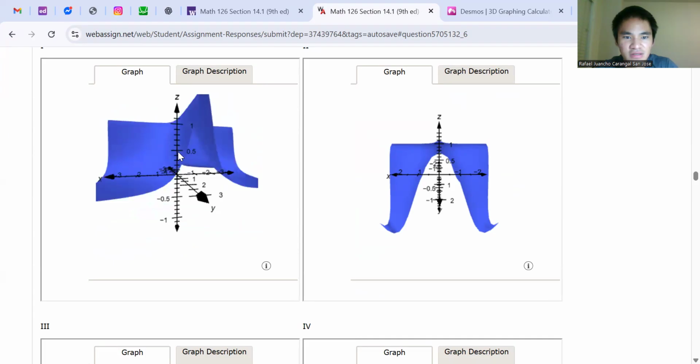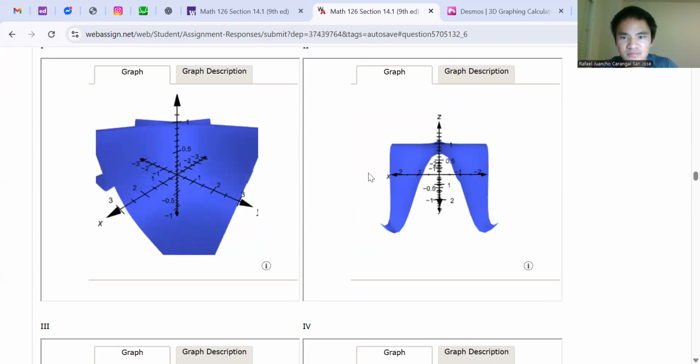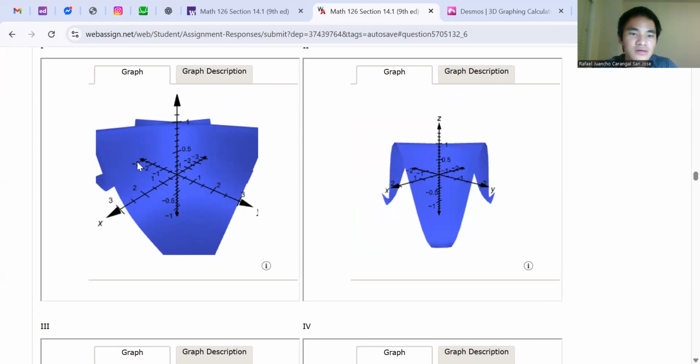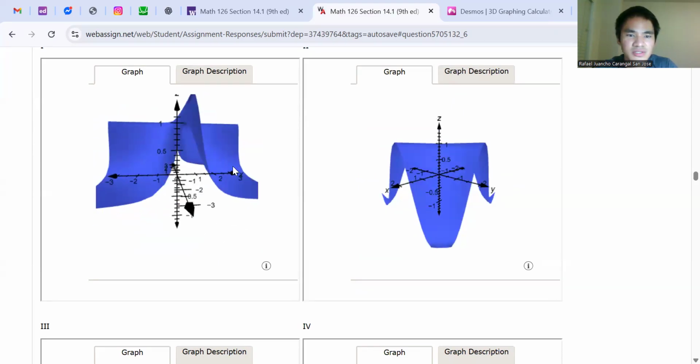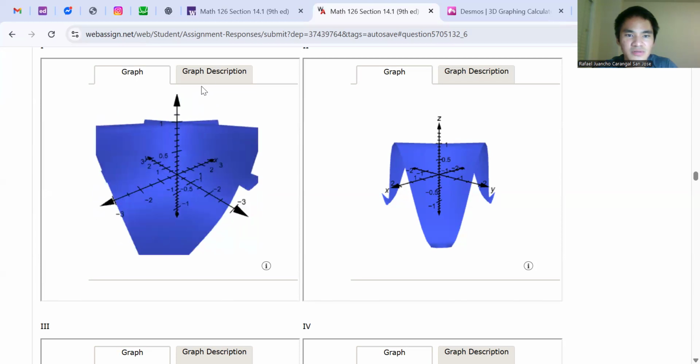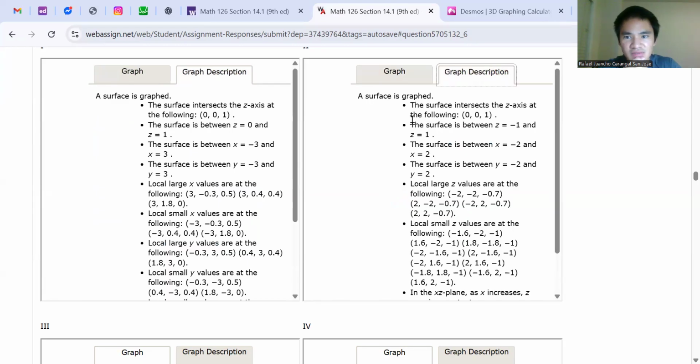It doesn't intersect the axes, right? Here it also doesn't intersect the axes. What else can we say about it? Actually, I can't even see it. So it intersects the z-axis at 0, 0, 1.